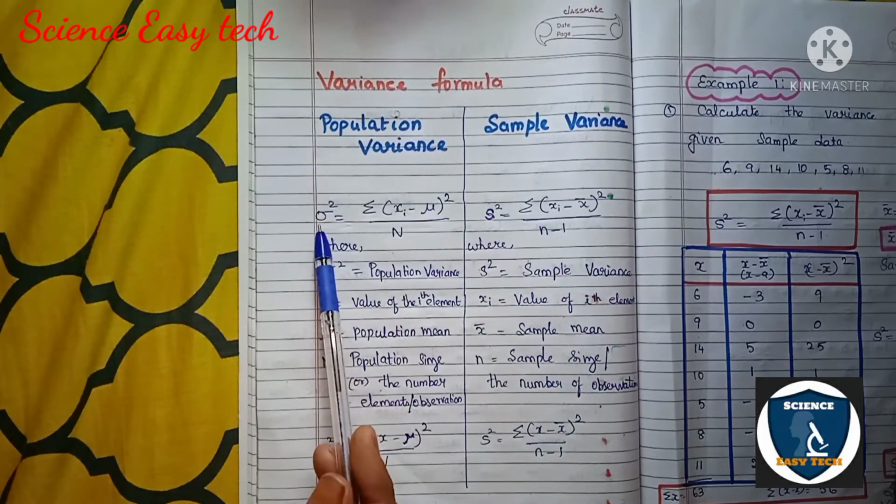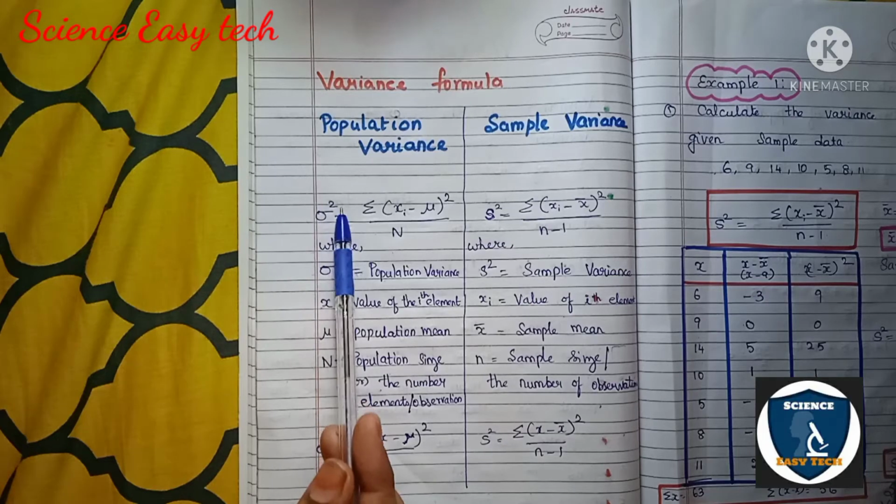Population standard deviation is always represented by sigma.